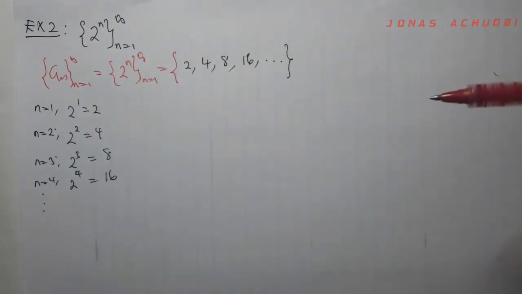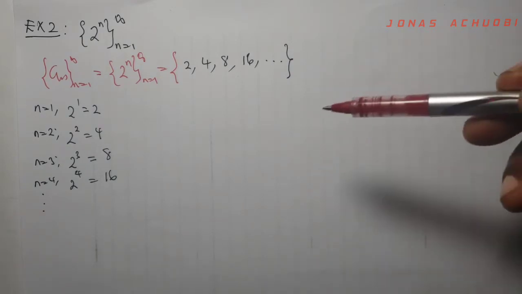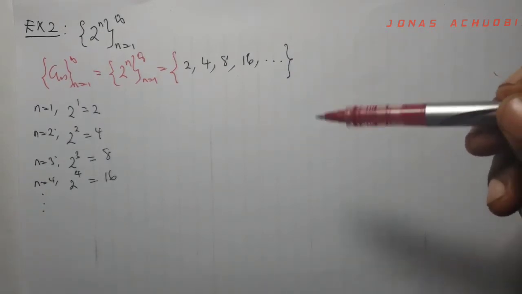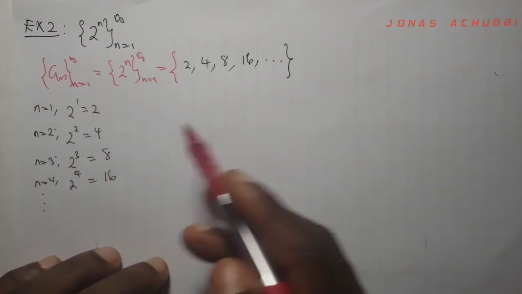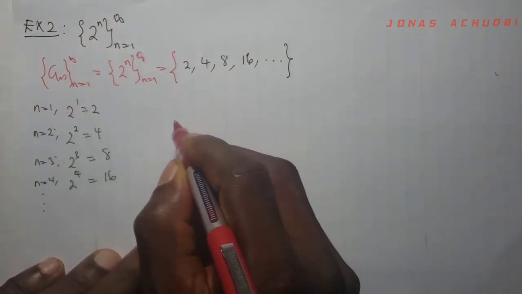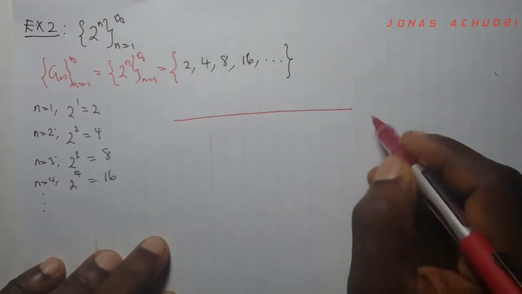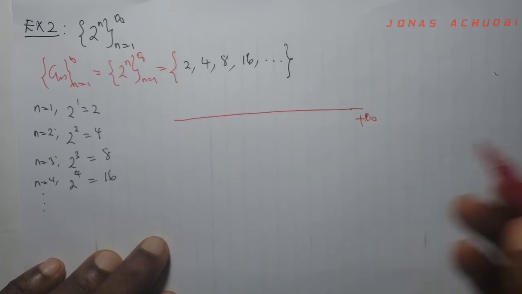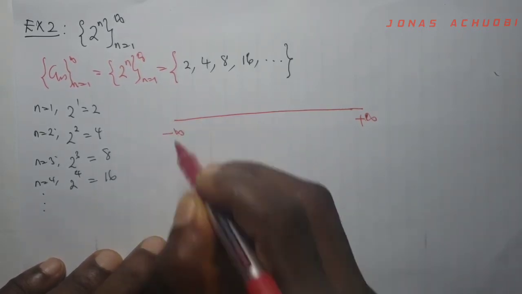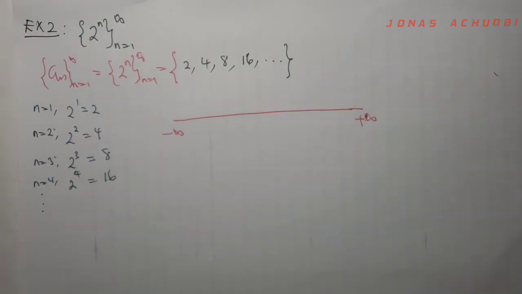These terms are enough to tell if the sequence is bounded above or bounded below. Let me use a number line scenario again to explain the boundedness of this sequence. So I have my number line once again. Here is my positive r, or infinity, and negative infinity or negative r.